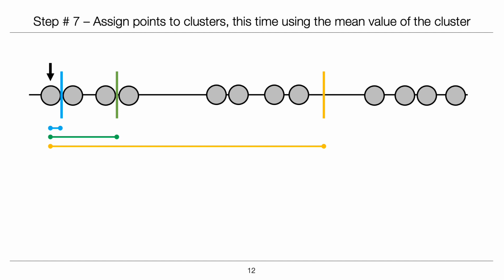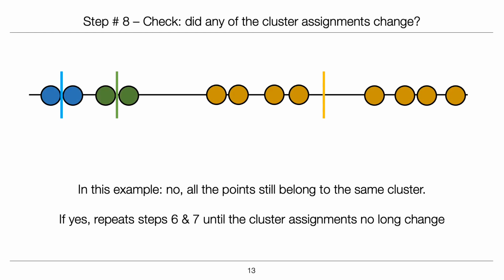Now we can start again to perform the next round of assignments. At this time, we're going to use the mean positions of the 3 cluster centers. So we pause for a moment to check. Did any of the cluster assignments change for the data points?